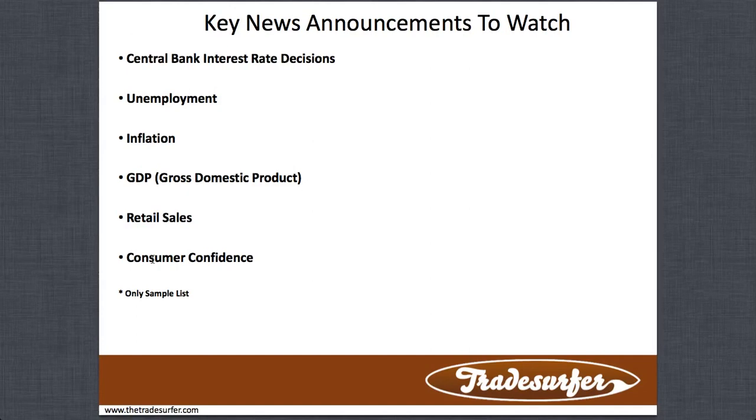Well, central bank interest rate decisions certainly, unemployment, inflation, GDP, gross domestic product, retail sales, consumer confidence, really just a few things, but anything that will lend itself to really the health of the economy. That can kind of point out, okay, what are central banks going to be doing with interest rates? So these are key announcements to watch.